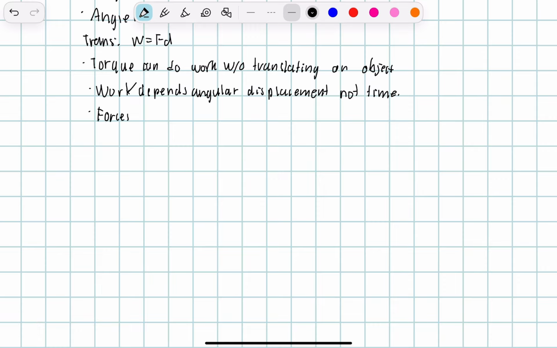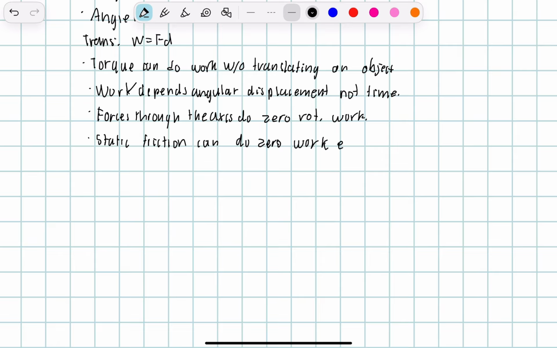Forces through the axis do zero rotational work, and also static friction can do zero work even when enabling rotation.